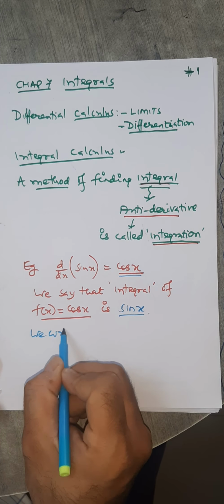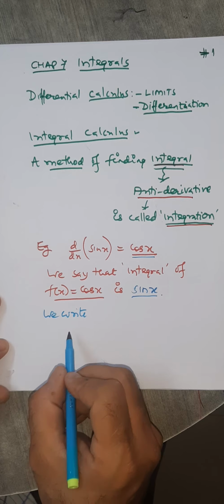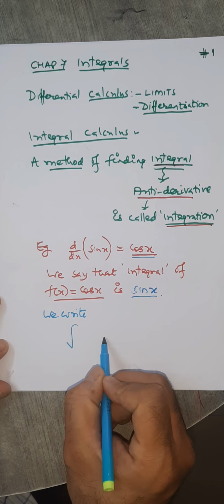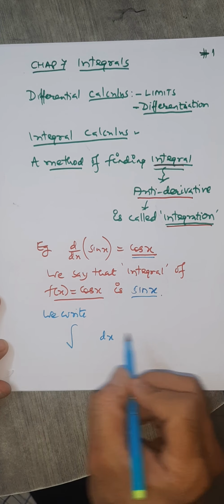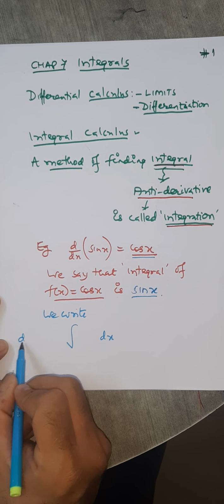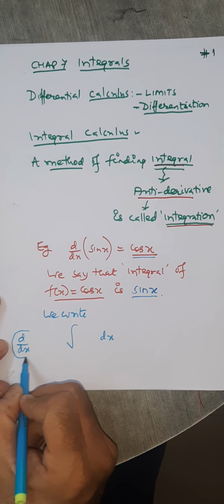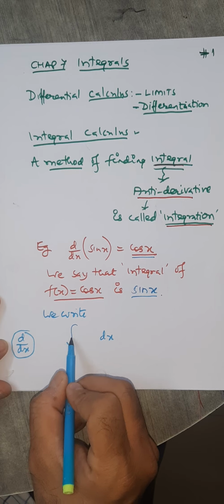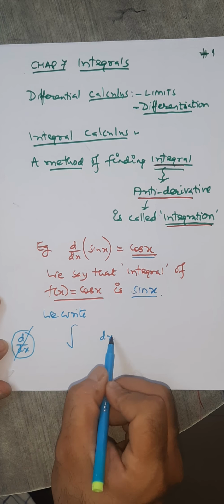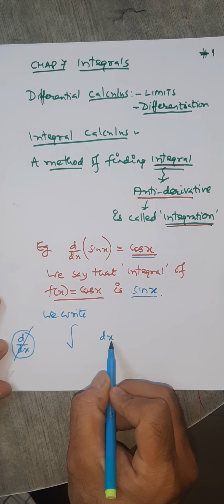We write this symbol and dx. You know that d by dx is a symbol for derivative, a symbol for differentiation. Here, the integral symbol and dx stand for integral with respect to x.